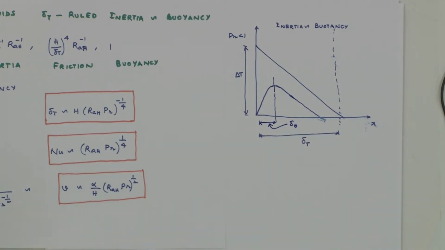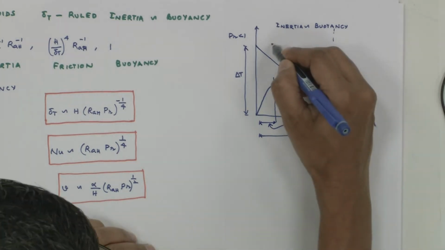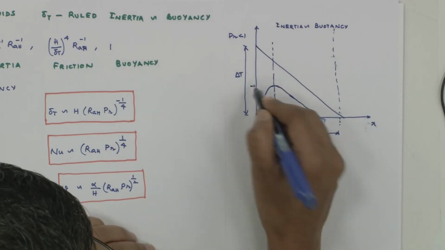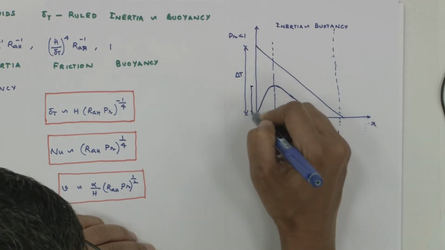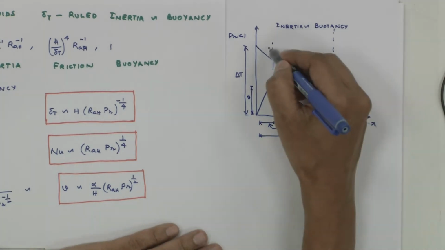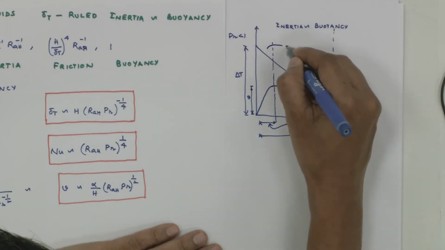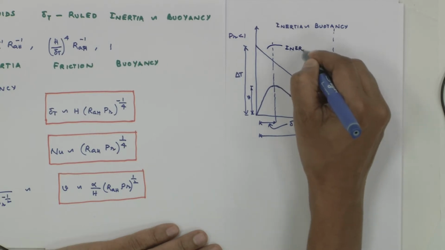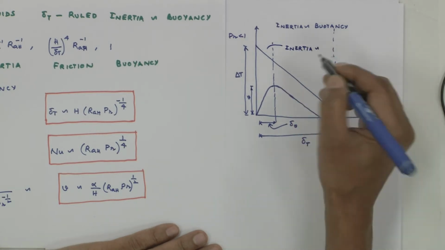So now the velocity profile must be as wide as the temperature profile, and let delta v be the thickness of a very thin layer right near the wall, a layer in which the buoyancy driven fluid has picked up velocity, inertia has picked up, but here it is balanced. So inertia is balanced by friction.